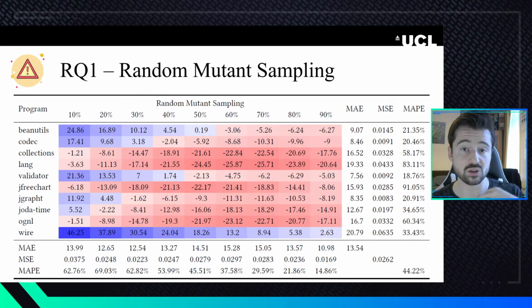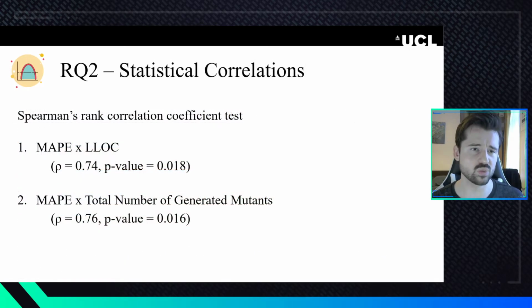And so, in order to better understand how this works, we performed a set of statistical correlations between the properties of the systems under test and the errors found. To do so, we executed the Spearman's correlation coefficient test to find any correlation.